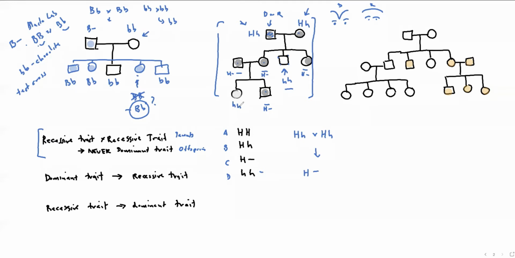If this was little h, then we could say for certain that this individual over here, this female, had to be heterozygous, right? So it's really a matter of looking at the information that you have and using it to make inferences about the status of either the generation up or the generation down.